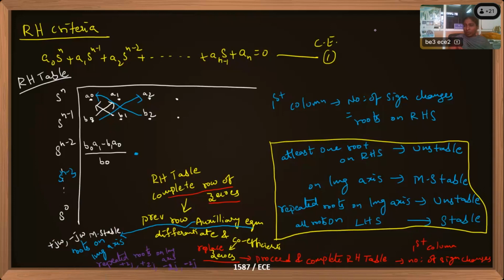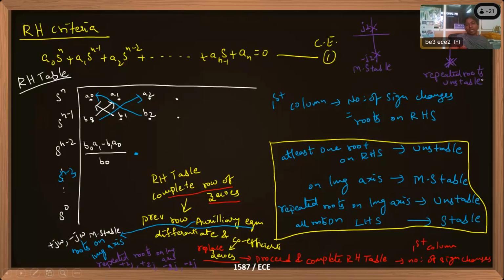When you draw the pole zero diagram, if only one set of roots, plus 2j and minus 2j, is there, it is a marginally stable system. But if there are repeated roots, plus 2j two times and minus 2j two times, this is called repeated roots on the imaginary axis. In this case we decide the system is unstable.